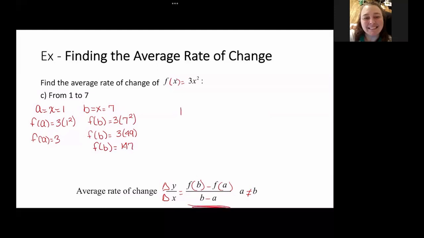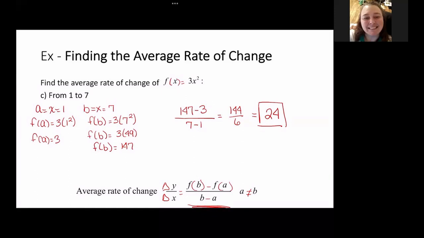So f of b, 147 minus f of a, which is 3, divided by 7, which is b, minus 1. That's 144 over 6, which is going to be 24. Okay, that's all there is to it.